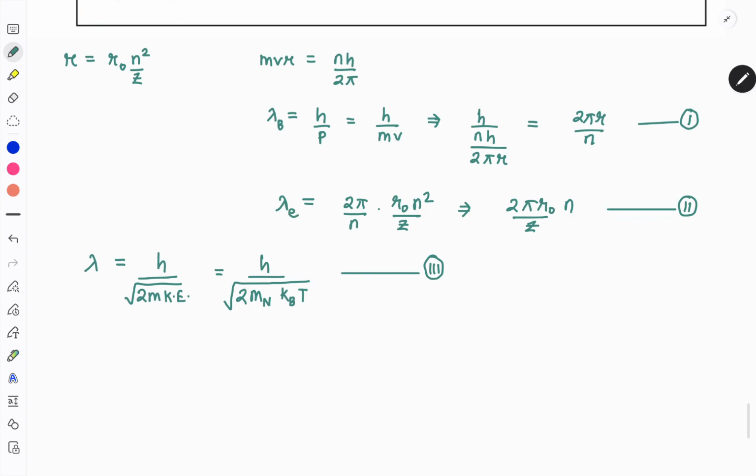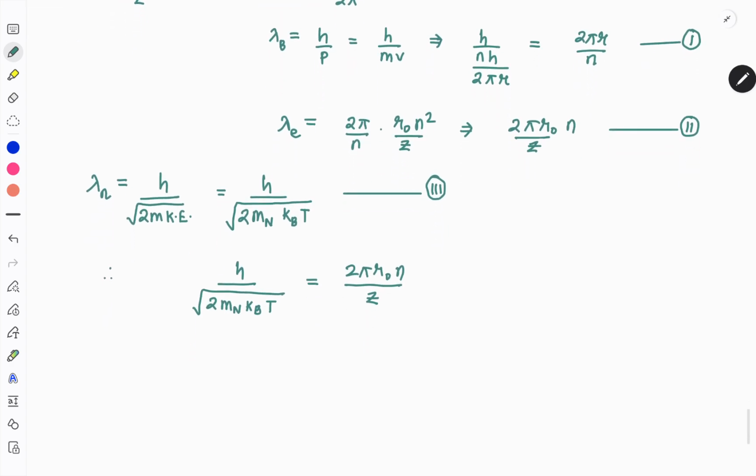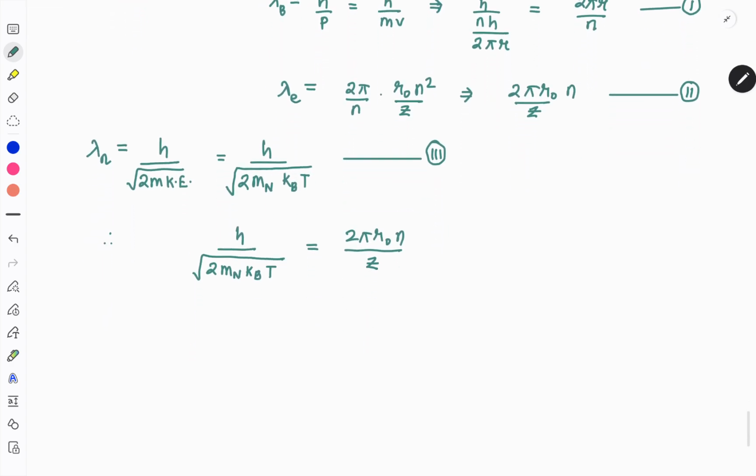This one corresponds to the electron, this one corresponds to the neutron, and the question suggests that both are equal. So h upon root under 2 mn kBT is equal to 2 pi r0 n upon Z, and solving for temperature T, we obtain T as Z square h square upon 8 n square r0 square mn kB.